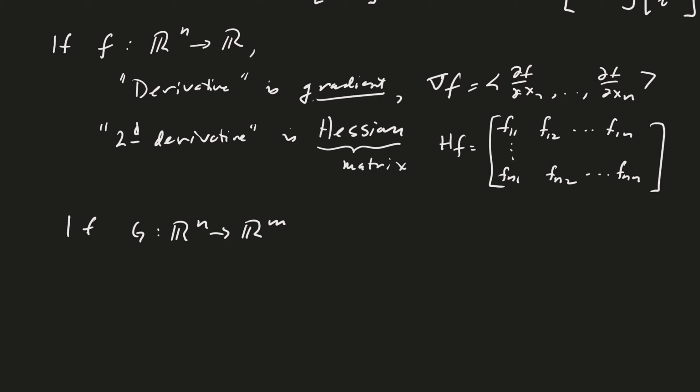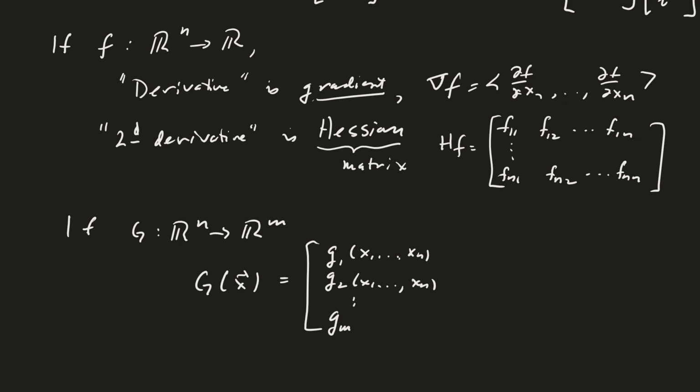And so we assume typically that there is a coordinate function for each of the m output variables. And so we could write g of x is equal to g sub 1 of x1 through xn, g sub 2 of x1 through xn, down to g sub m of x1 through xn. Good.